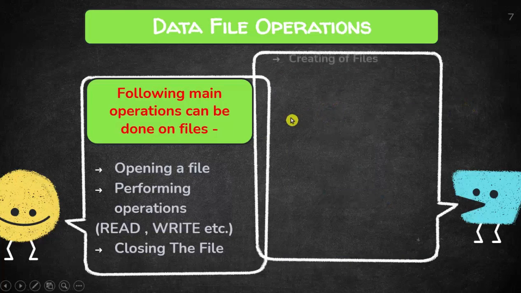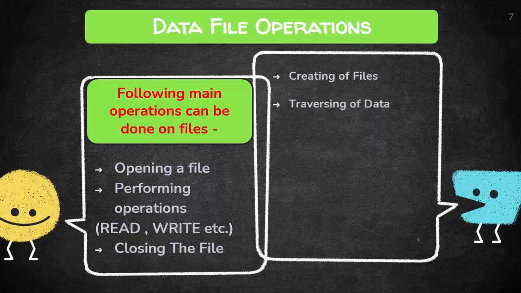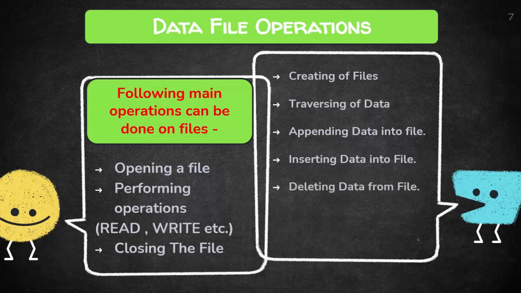Apart from that, there are some more operations that can be done on files. These are creating a file, where we can create a new file; traversing data, where we can traverse the data stored in a file; appending data, where we can add additional data to a file; inserting data, where we can create a blank file and then insert data into it; deleting data from a file; copying a file, where we can copy data from one file to another; and updating data in a file, if there is a mistake in it.